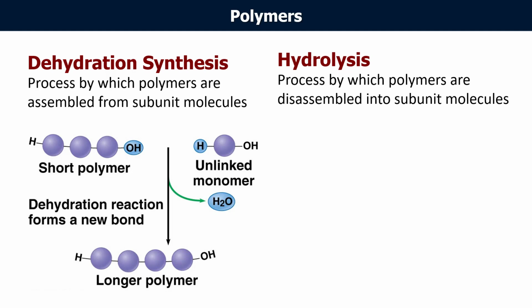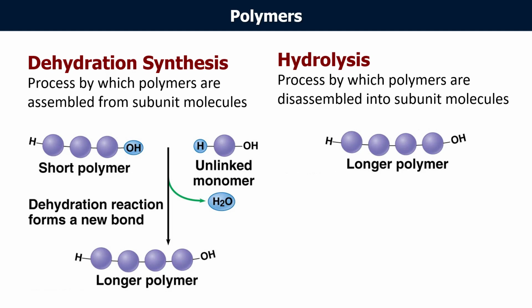If you think about the word hydrolysis, it literally means water breaking, using water as a pair of scissors. And it's essentially the exact opposite of dehydration synthesis. So let's say that we started with a longer polymer, and again, long is a relative term. These figures show you one with 4 subunits.